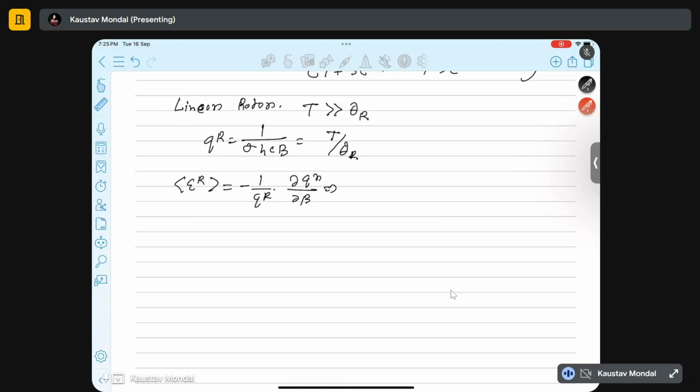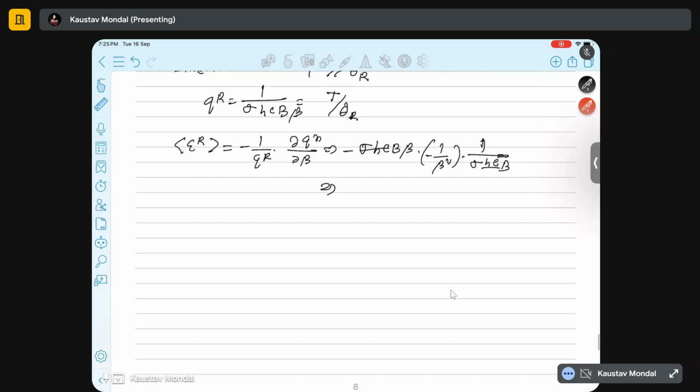If we do the derivative, beta is there, sigma hc B is there, so it becomes minus 1 by beta square into 1 by sigma hcB. The sigma hcB cancels, the minus 1 is absorbed, so it gives you 1 by beta, equal to 1 by beta.